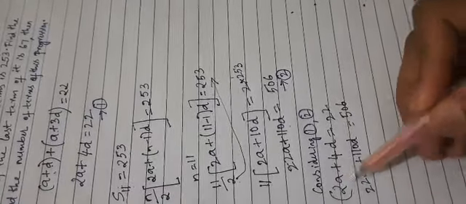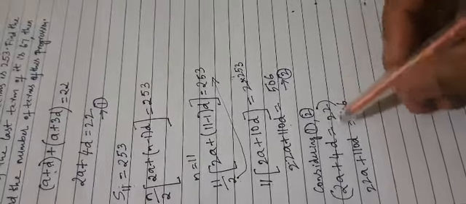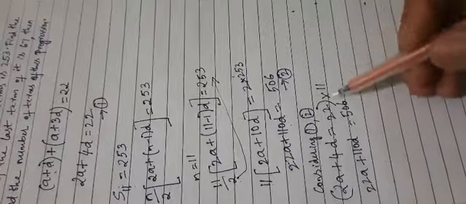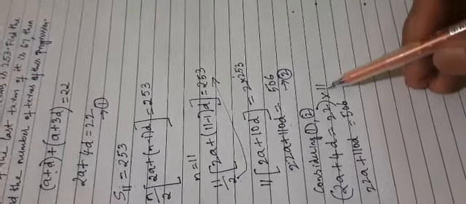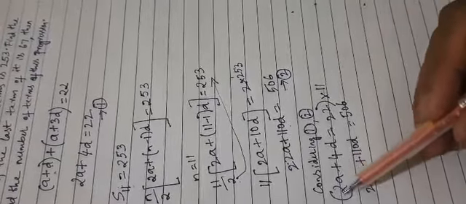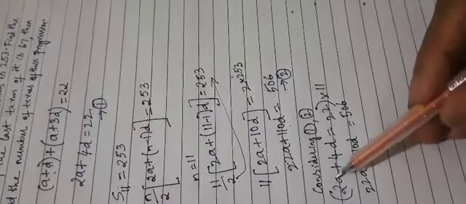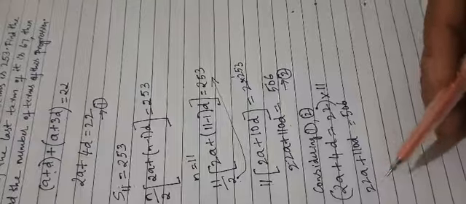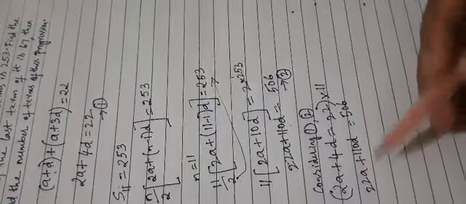Now we will consider this first equation and multiply by 11. Why multiply by 11? Because 11 2s are 22, so this 22a and the other 22a, if you subtract, a will cancel.